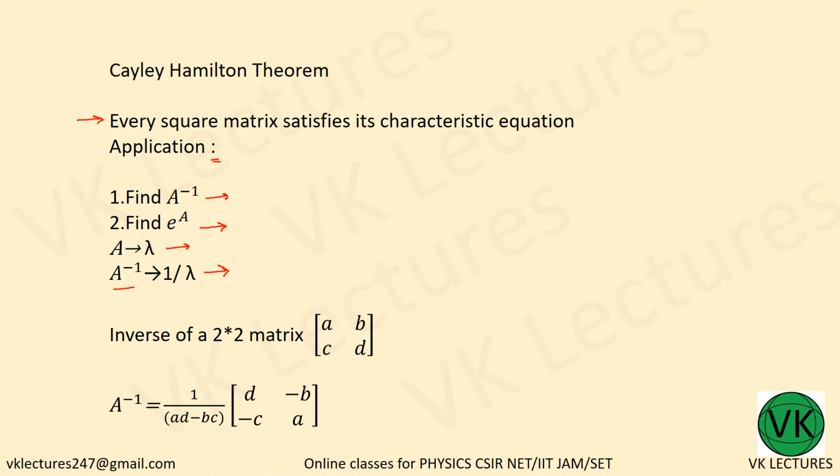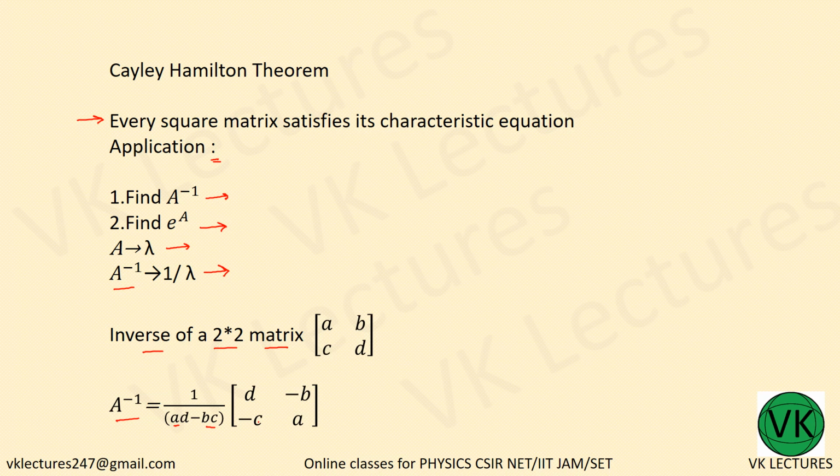Now the inverse of a 2 by 2 matrix with entries A, B, C, D is given by 1 divided by (AD minus BC) into the matrix D, minus B, minus C and A.